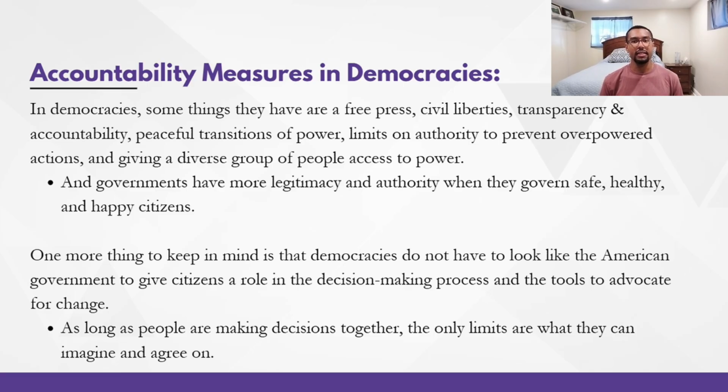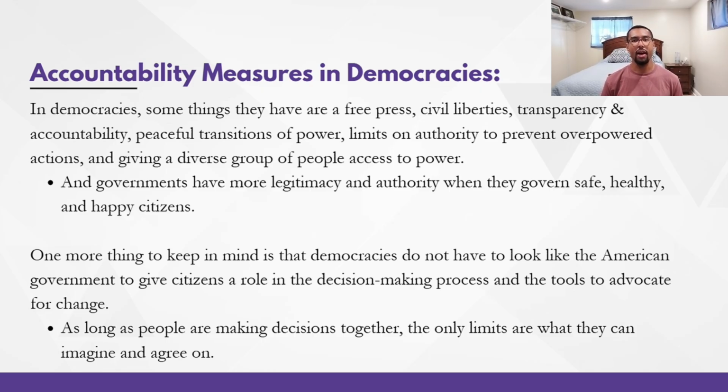In democracies, some things they have are a free press, civil liberties, transparency and accountability, peaceful transitions of power, limits on authority to prevent overpowered actions, and giving a diverse group of people access to power. Democratic governments almost always promise these things, although they do not always deliver.